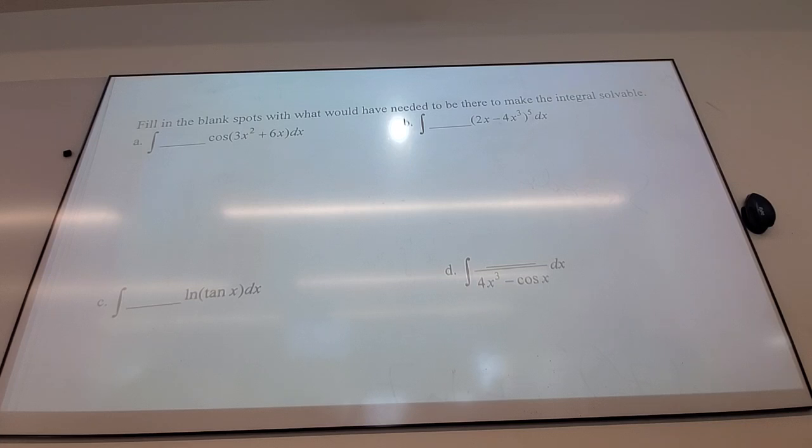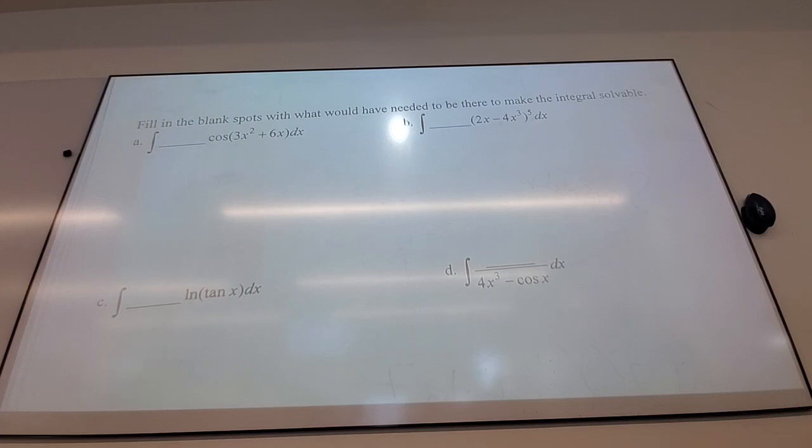What's du then? Secant squared dx. Yes. So wherever I see this, I can replace it with du. Do I see that? Yes. So that's du, and this is natural log of u.